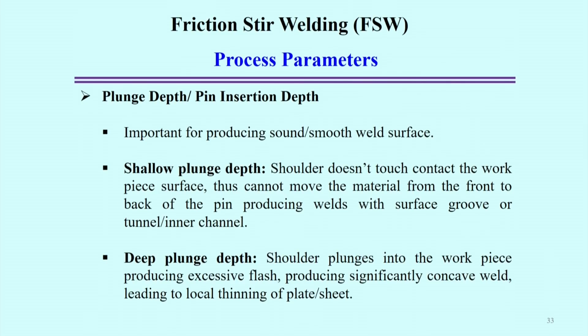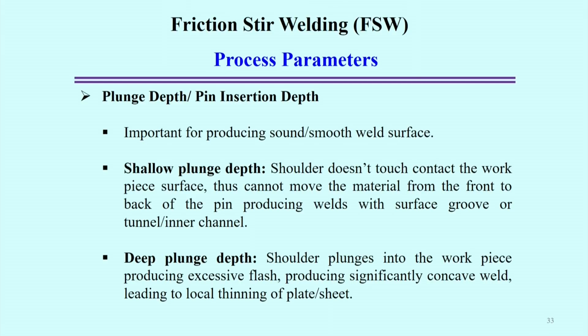Other process parameters, apart from tool rotational speed and tool transfer speed, include the plunge depth. That means up to what depth the tool pin can be given so that a sound weld joint can be obtained. If you compare with the fusion welding process, when you try to join two materials, maybe similar or dissimilar, the objective is to cover the full depth of penetration, either using laser or different types of arcs.